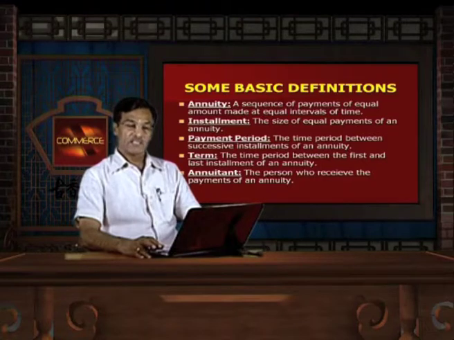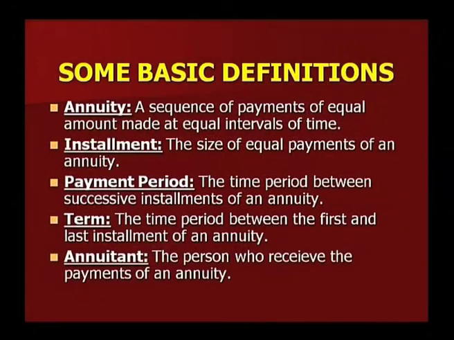Some basic definitions here are: annuity, a sequence of payments of equal amount made at equal intervals of time is called annuity. The installment, the size of equal payment of an annuity, is called installment. Payment period, the period of time between successive installments of an annuity, is payment period.